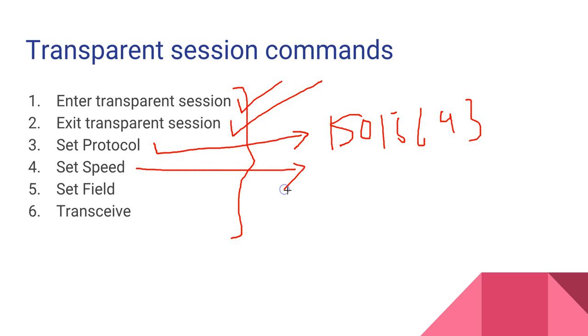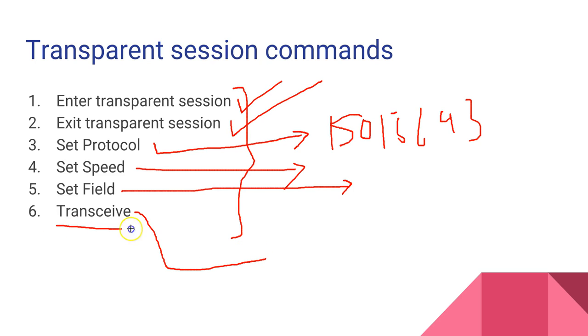This command you can use to set the transmission and the receiving speed, and there is a command to turn the RF field on and off. And the Transceive command is what I'll be explaining, probably speaking about this command in more detail in this video.